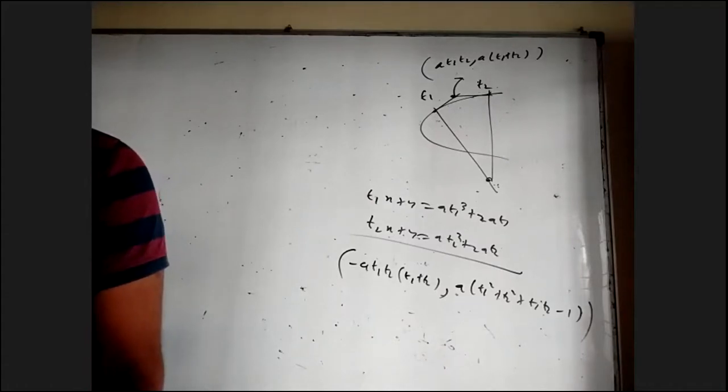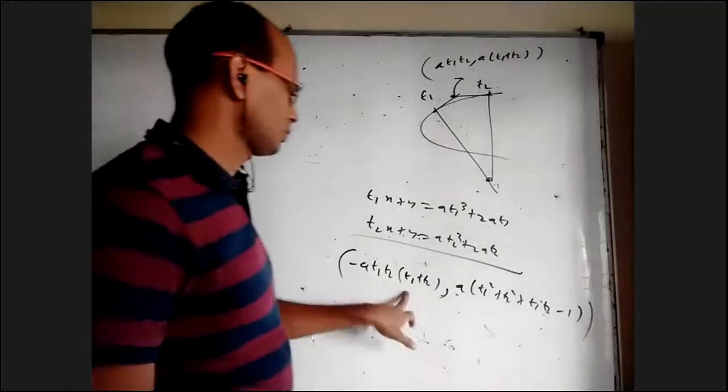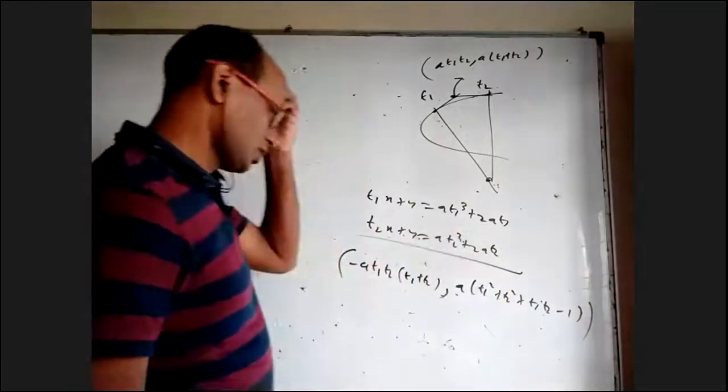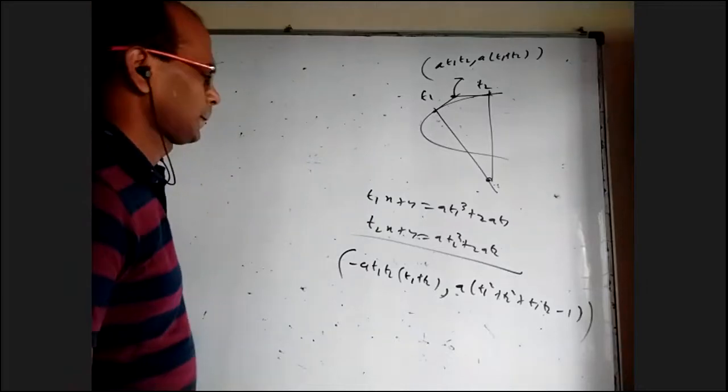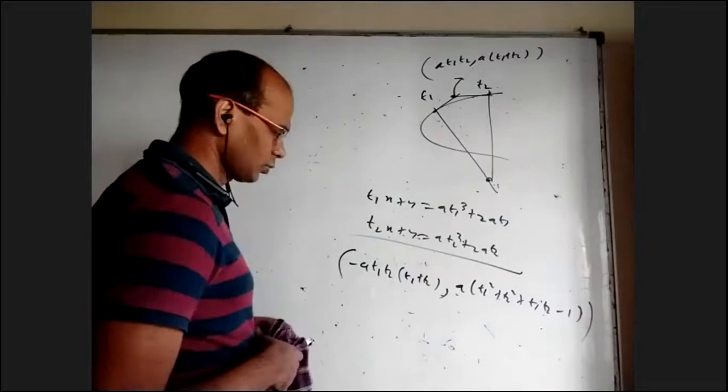Maybe we did not give it in our material, but just roughly remembering, this minus aT1 T2, something of this sort. If you want, we can derive it, it doesn't take much time.